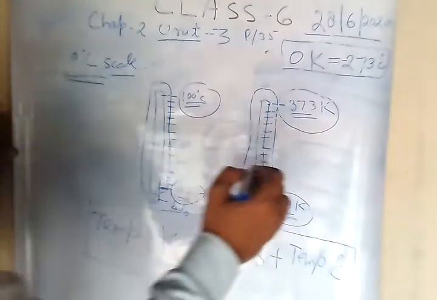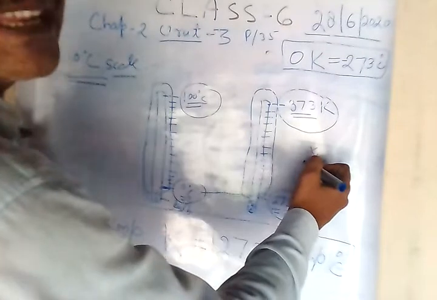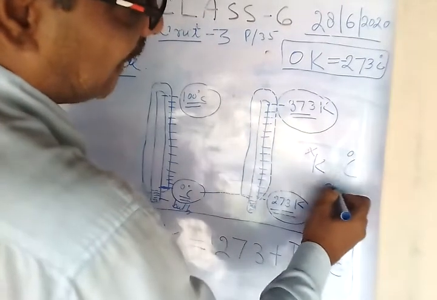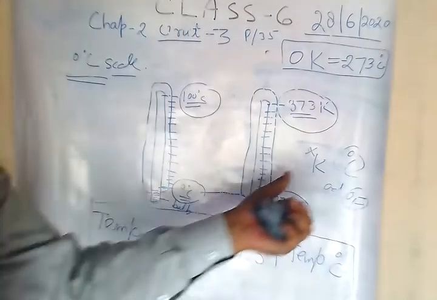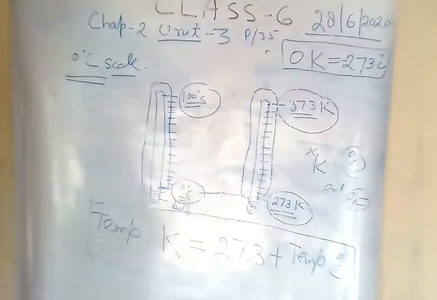And when you write Kelvin, don't put a degree sign. No degree sign in Kelvin. The degree sign is only for the centigrade scale and the Fahrenheit scale. You should remember this.